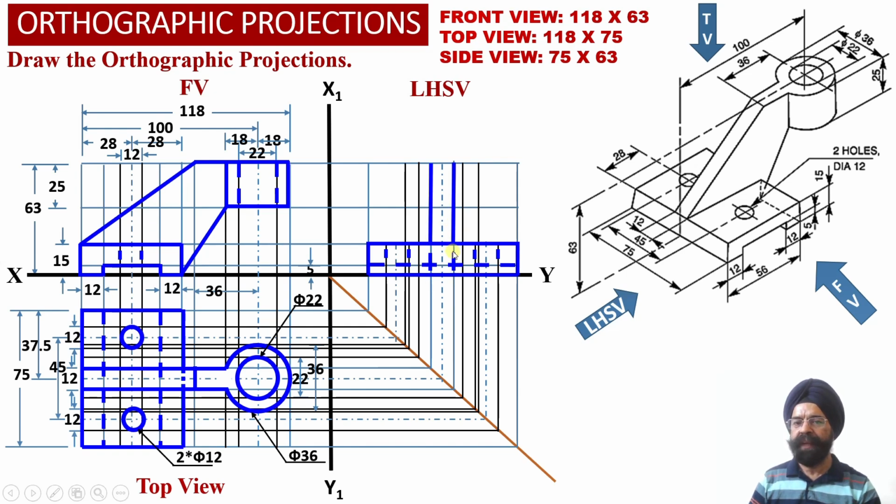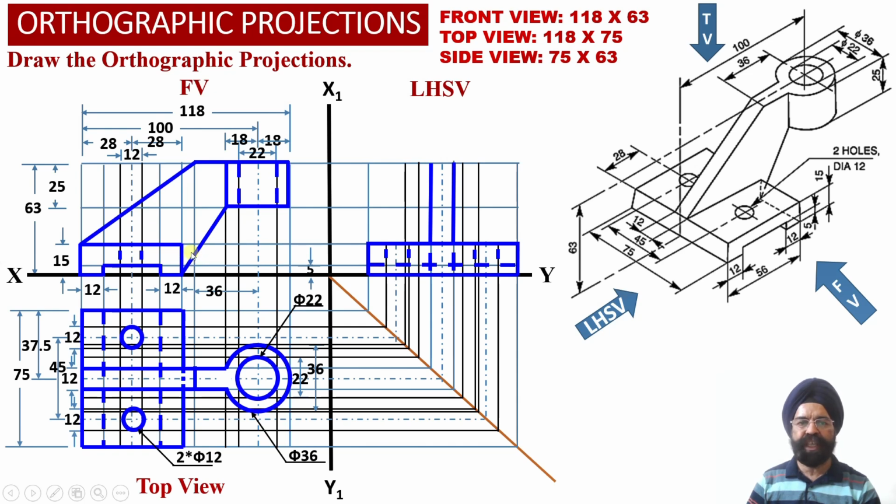Now we can see this vertical web starting from the top of the surface of element number 1 up to the top surface. This is visible to the observer, but a certain portion of this inclined web, going up to this point, we can check as we are looking from this side.